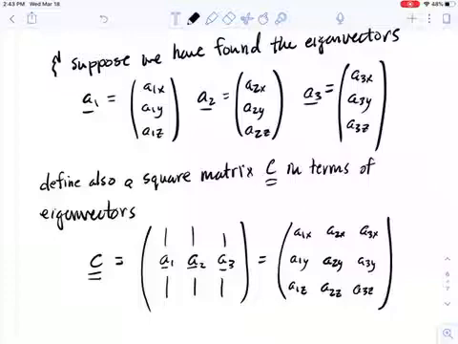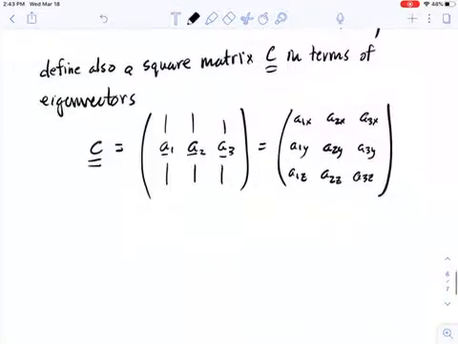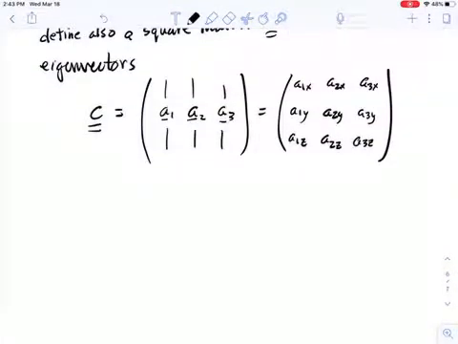So let's see what happens if we take our diagonal matrix D and take a product with our square matrix C. There's just a lot of writing. It's not hard, it's just a lot of writing.